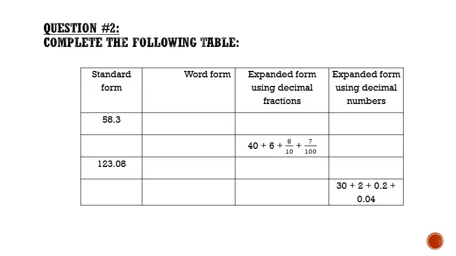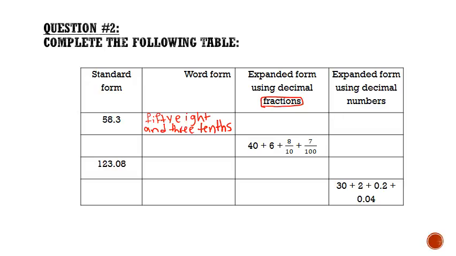Rida, what's the word form of this? 58 and 3 tenths. That's very good. Now I need the expanded form but using the decimal fractions. This is very important. Okay?